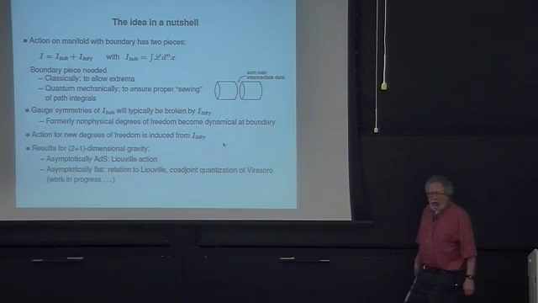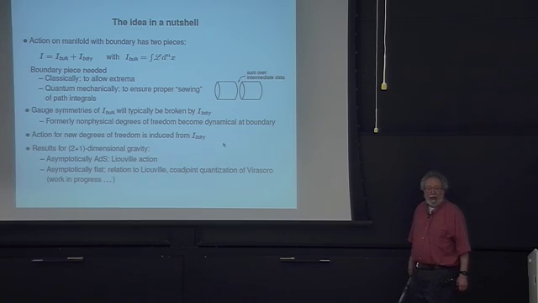In other words, that means that some configurations that used to be considered physically equivalent are now inequivalent because the action, including the boundary term, is no longer fully invariant. Another way of saying this, which is essentially equivalent, is that if you want to add the boundary term and preserve gauge invariance, it may be necessary to add additional degrees of freedom that restore the gauge invariance at the boundary.